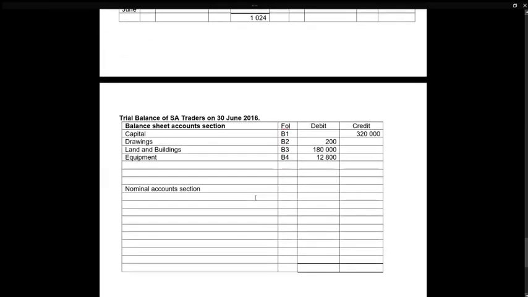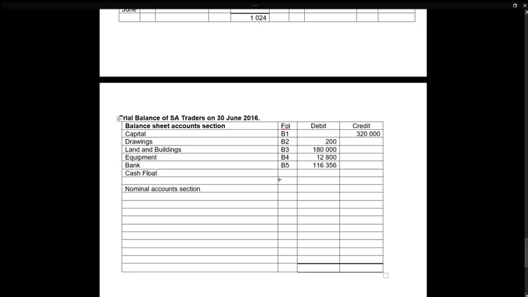Remember, it's assets. Right, so bank was 116,356, B5, and the account is bank. Next one was cash float. No, typo.